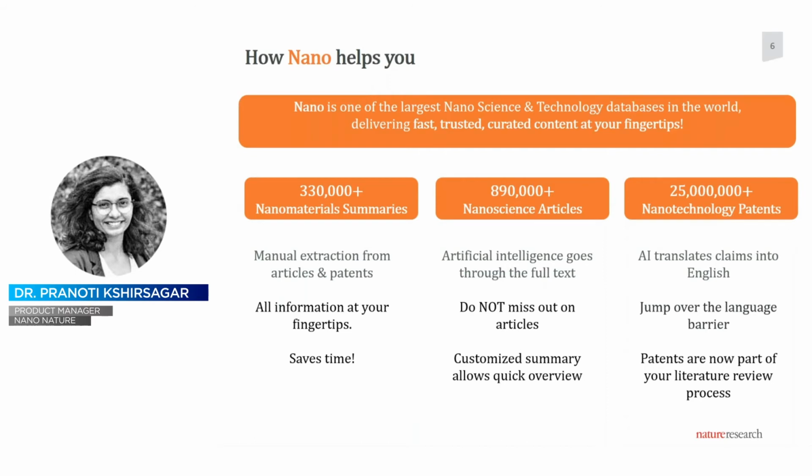In case of articles, you do not miss out on any articles, and the customized summary allows you to have a quick overview of the particular article before going into the details of it. And in case of patents, you jump over the language barrier because the claims are translated in English, and now patents can be part of your literature review process.